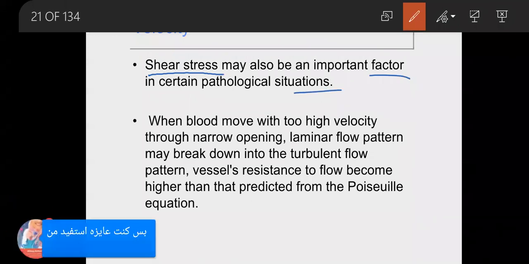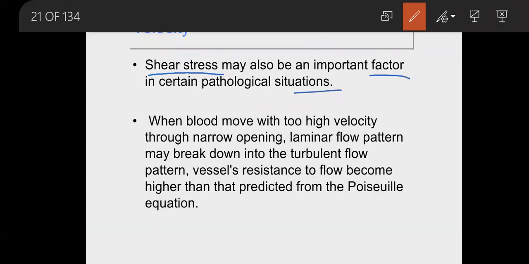This shear stress depends on the flow pattern. When the flow is laminar and the velocity is high, if there is vasoconstriction or increase in the resistance or narrowing of the radius of the vessel, the flow may become turbulent.